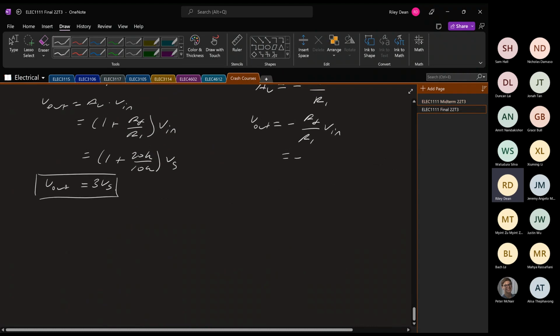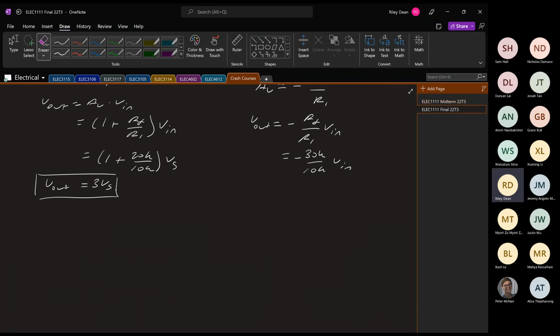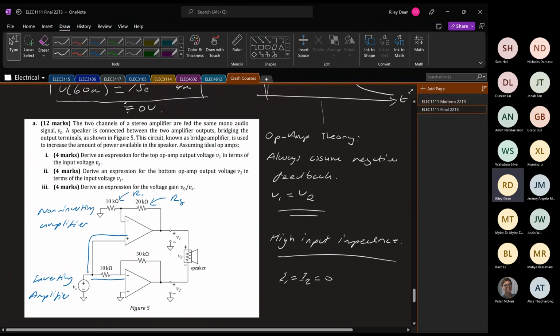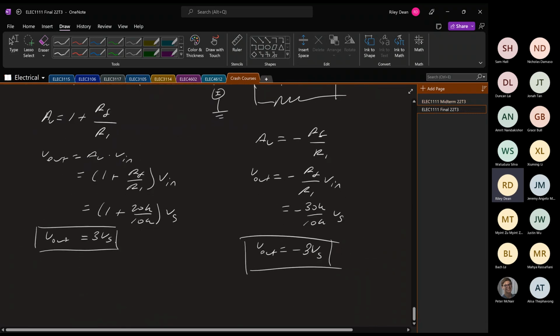So we get minus 30K on 10K V in, and V out equals minus 3 VS. So interestingly, we see that both of our voltages are equal, but negative in magnitude. This will come back to be a little bit interesting. Just worth noting, I did just knock out 2 parts.